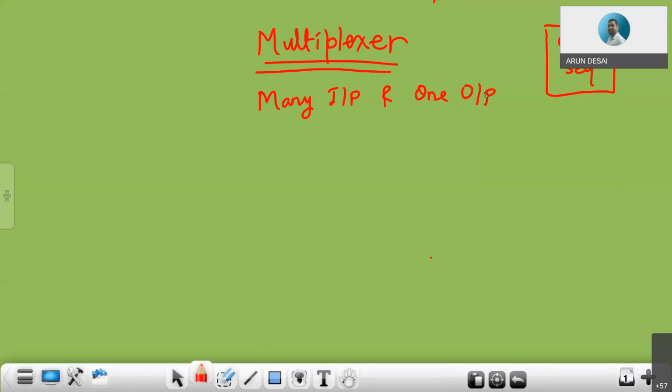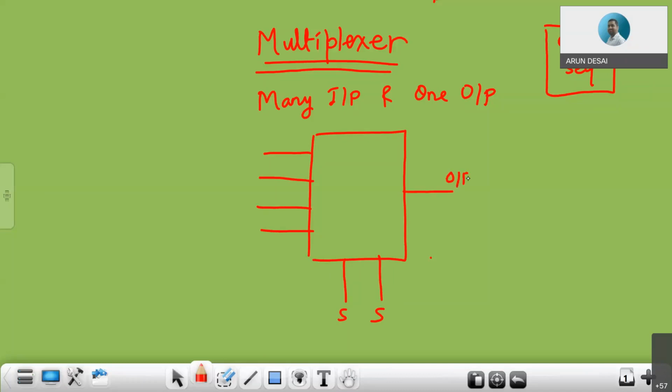So you have multiple inputs, and based on the select lines, you will have the output.